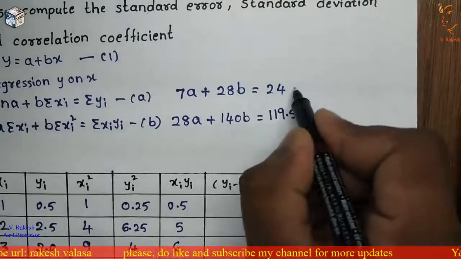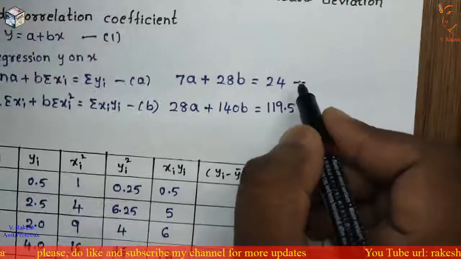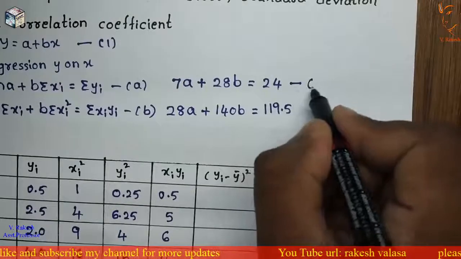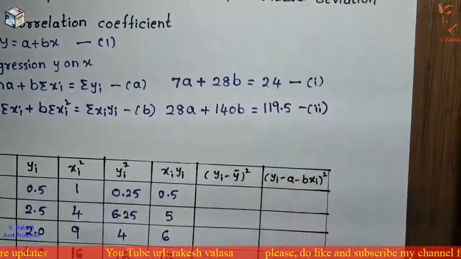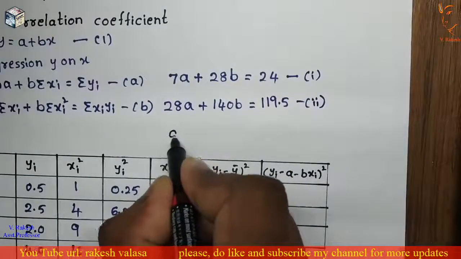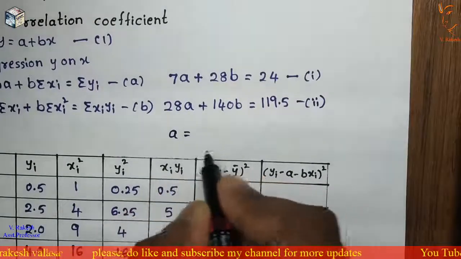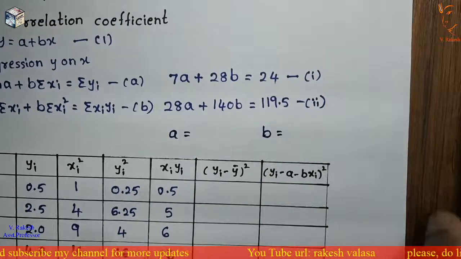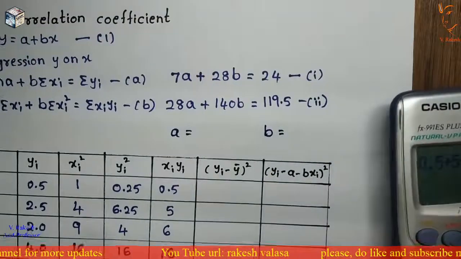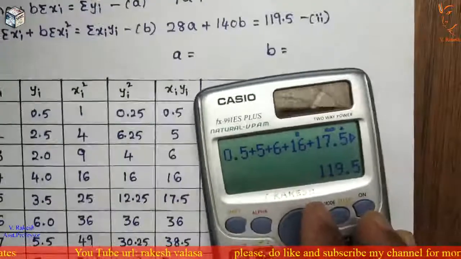This is equation 1 and this is equation 2. Now solving these two equations, you can get the a value and b value. You can also solve these equations by using a calculator.